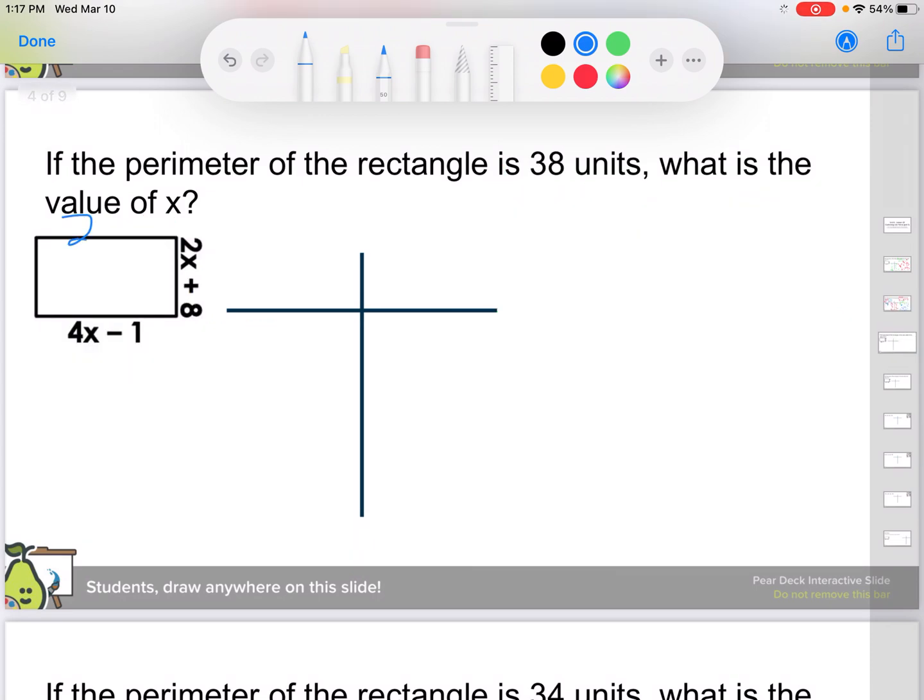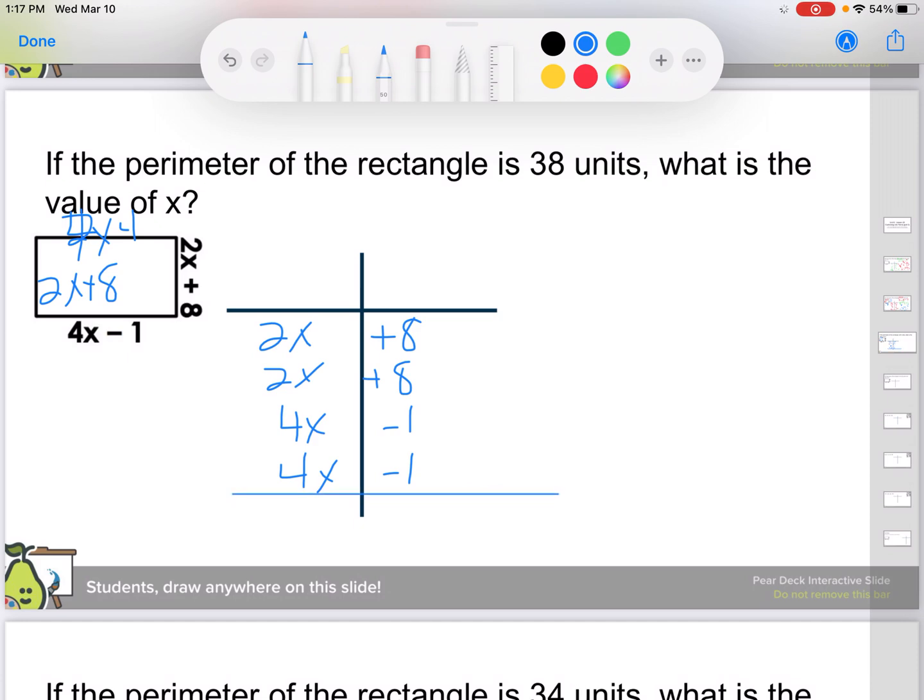Same thing again. So I've got 4x minus 1 and 2x plus 8. All right, so I have 4, 8, 12x, and then 16, 15, 14 plus 14. So 12x plus 14.